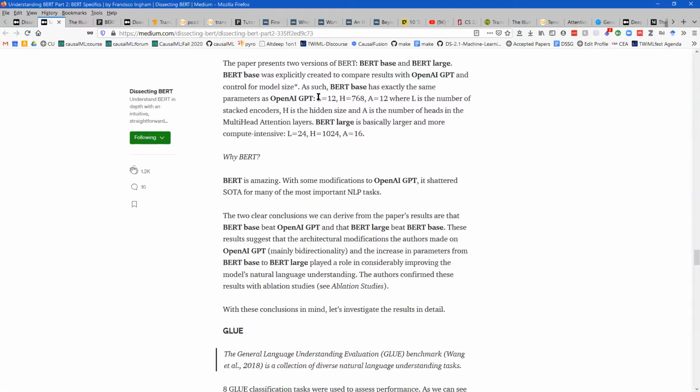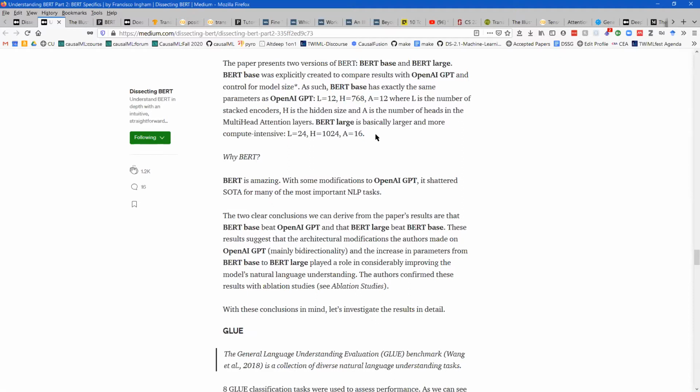We saw that in the original transformer model. I think they just used 8 of these, and they used maybe 512 as the size of the hidden layer, and I don't remember the number of stacked encoders. If anybody remembers the number of stacked encoders for the original transformer model, just for comparison.